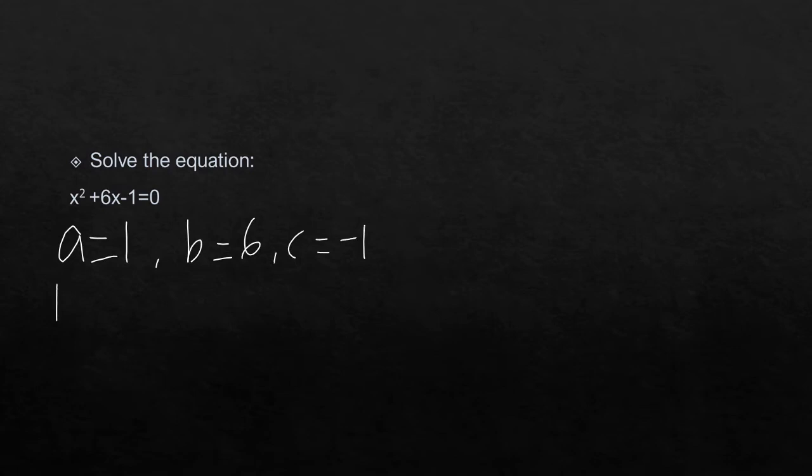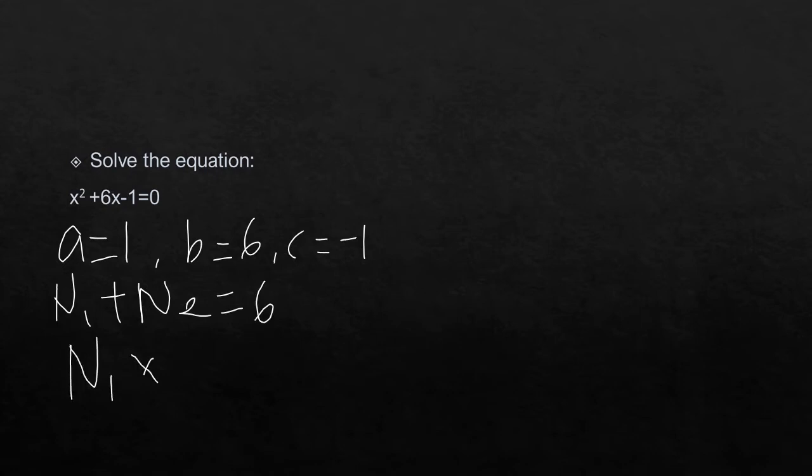Now, last question for factorization. Let's try to solve this equation by using the factorization method that we learned just now. So first of all, what we do is identify the a, b, and c values of the equation. So n1 plus n2 is equal to 6. n1 multiplied by n2 is equal to negative 1.